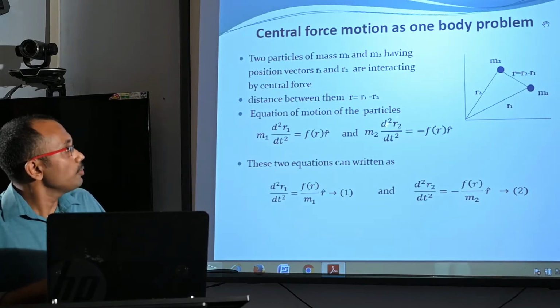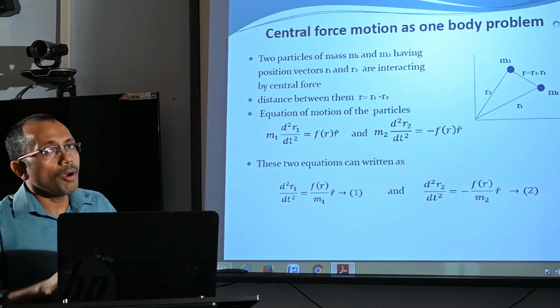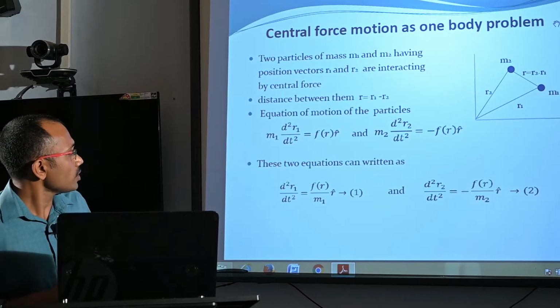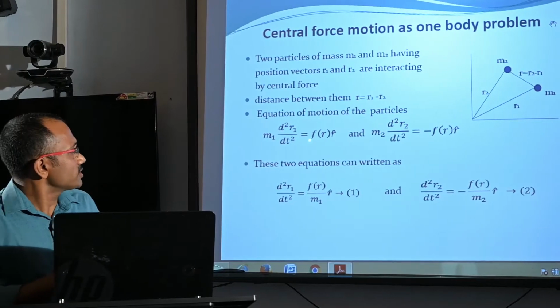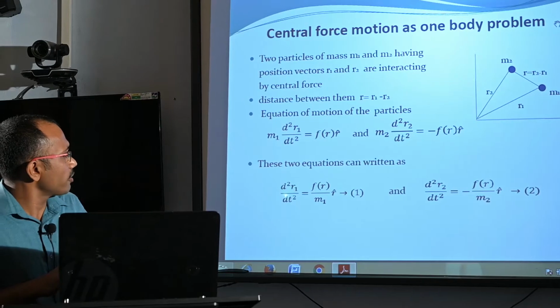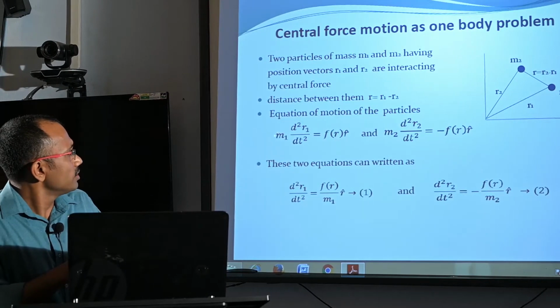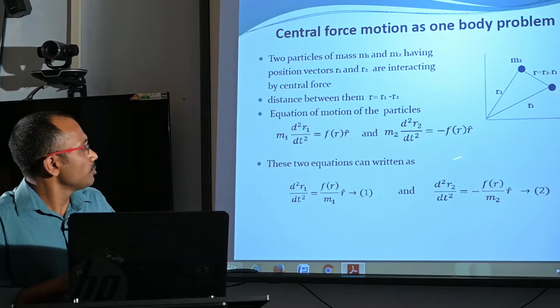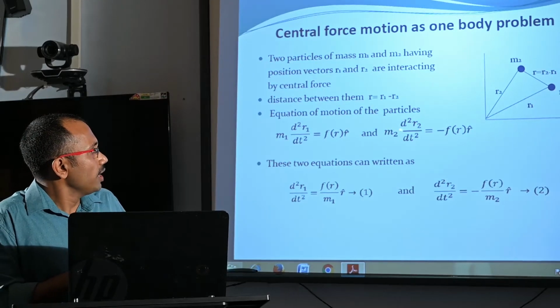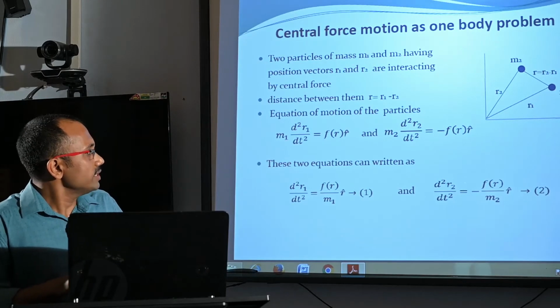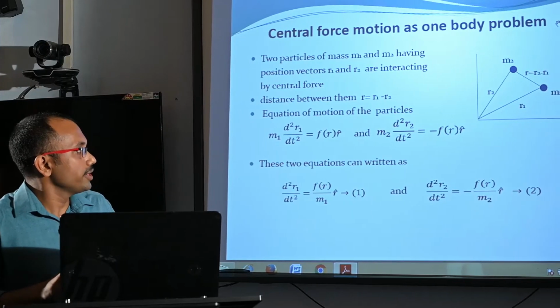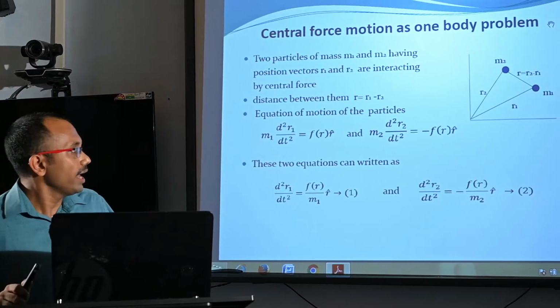So we can write m2 d square r2 by dt square is equal to minus F of r r cap. The first equation I can rewrite as d square r1 by dt square is equal to F of r by m1 times r cap, just bringing m1 to the right side. Similarly, bringing m2 from the left hand side to the right hand side, d square r2 by dt square is equal to minus F of r by m2 times r cap.